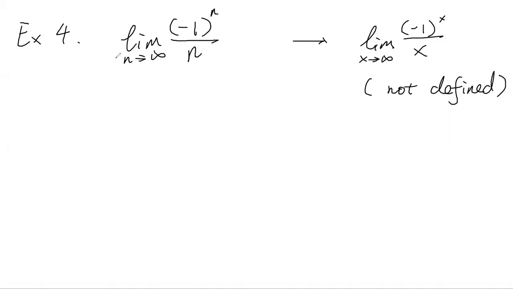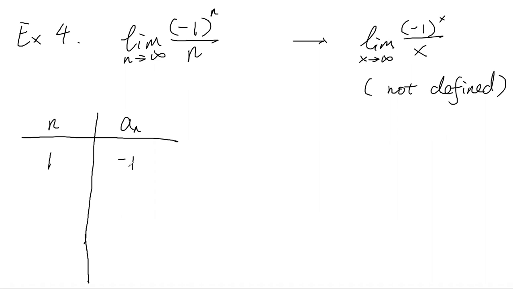But if you just look at this sequence, let's try to find the first few terms. Let's make a table here. Let's use 2 columns. The left column represents the value of n. The right column is the value of the sequence. So when n is equal to 1, this is equal to -1. When n is equal to 2, this is equal to 1/2.